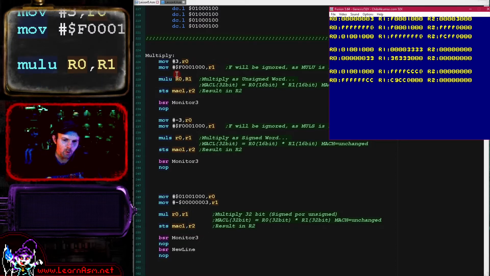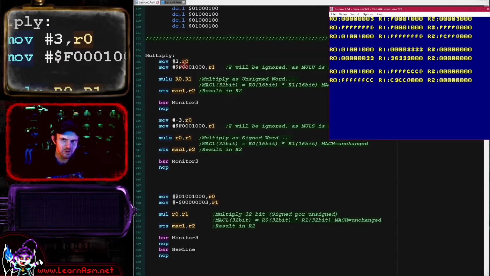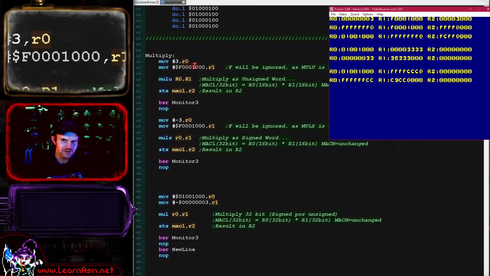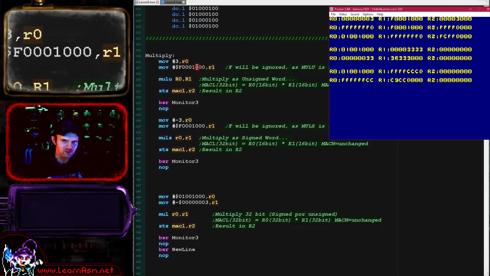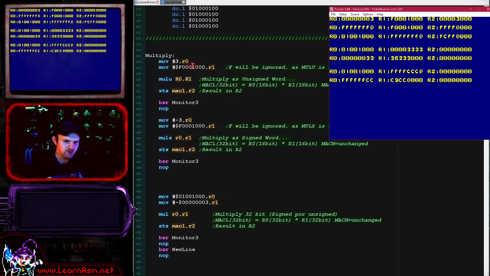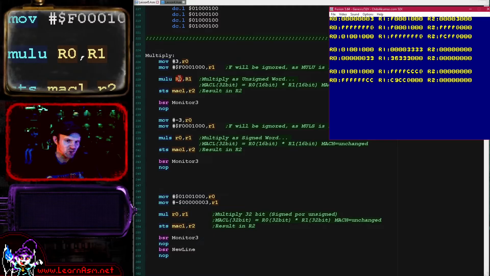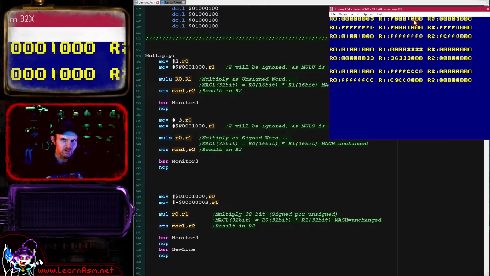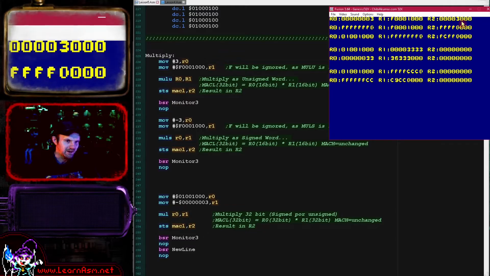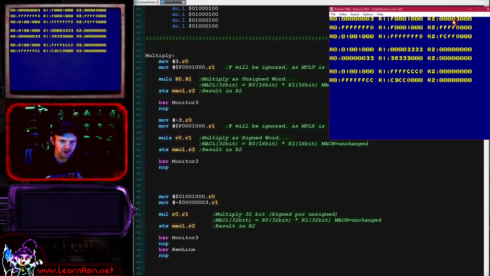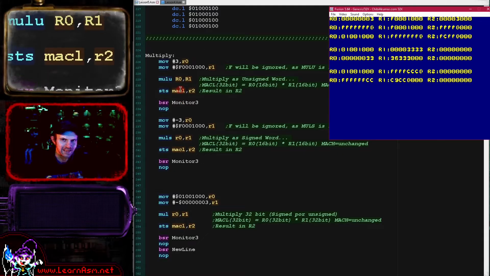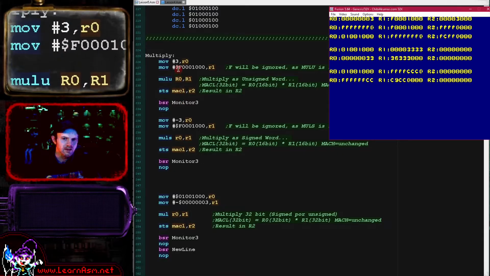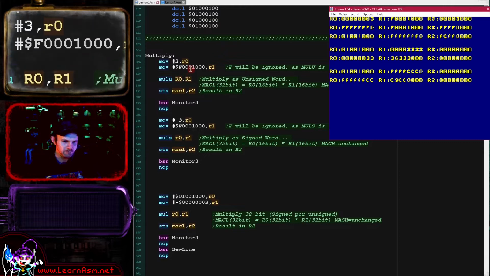So what we're effectively going to calculate is 3 times 100, because it's only going to look at the bottom 16 bits of R1 here, and it's going to store the result in MACL. This is an unsigned multiply, and so we get the value 1000 times 3, and the result is 3000 in R2 because we've moved it from MACL into R2 here. So that's an unsigned multiply.